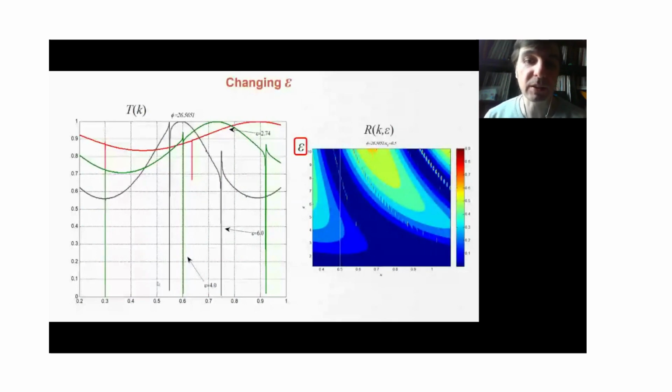The tendency here is that with a higher epsilon, the resonant frequency shifts toward lower frequencies, which could be seen more generally when we plot the reflection coefficient as a function of both frequency and epsilon. So this movement towards the left is clearly seen for all sets of the dielectric resonances.